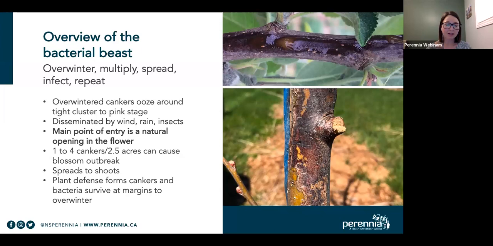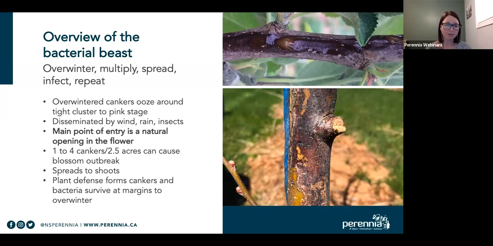But essentially, if you have 1 to 4 of these cankers for every 2.5 acres, that can cause enough ooze to create a blossom outbreak. So there's quite a bit of bacteria contained within those cankers and contained within ooze.